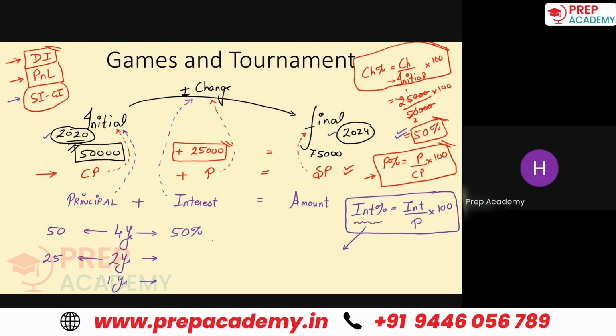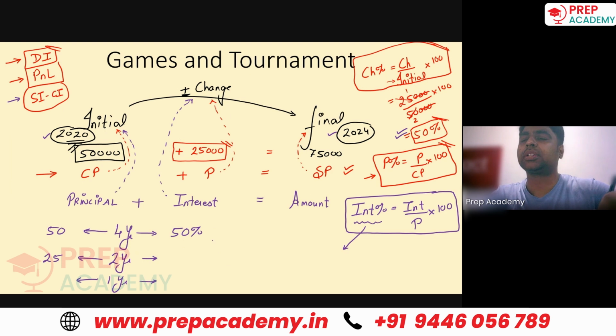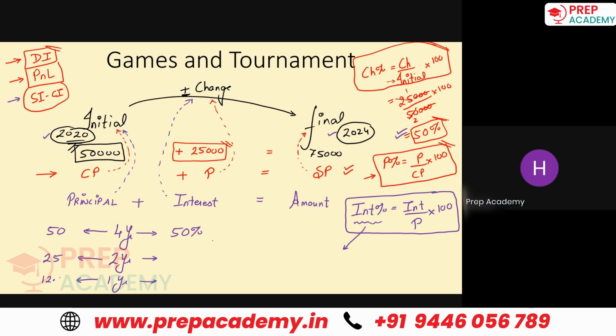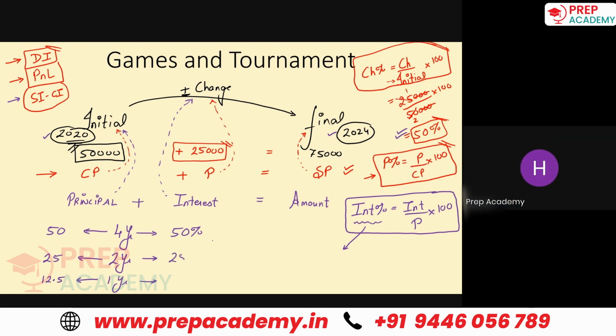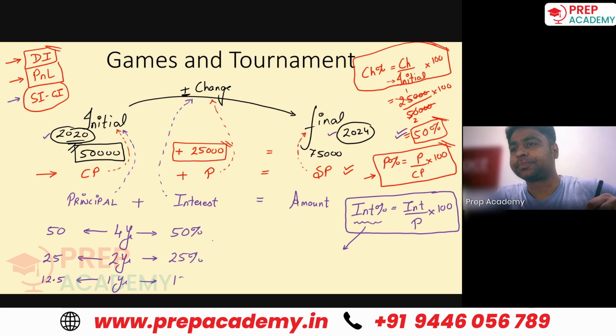In one fourth of the time, you will be getting one-fourth the amount. So half of 25 would be 12.5. This is what I was talking about. Yes, got it, sir. Okay.